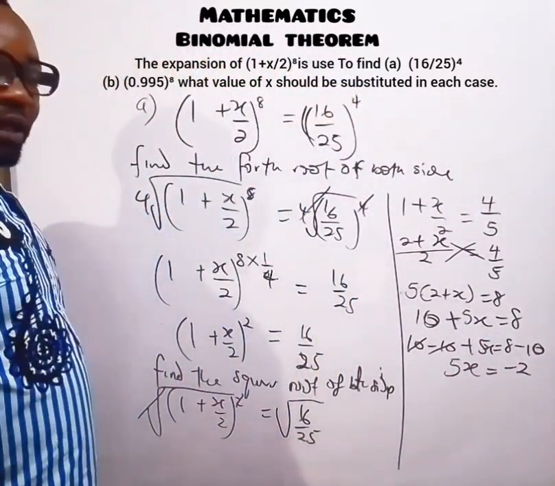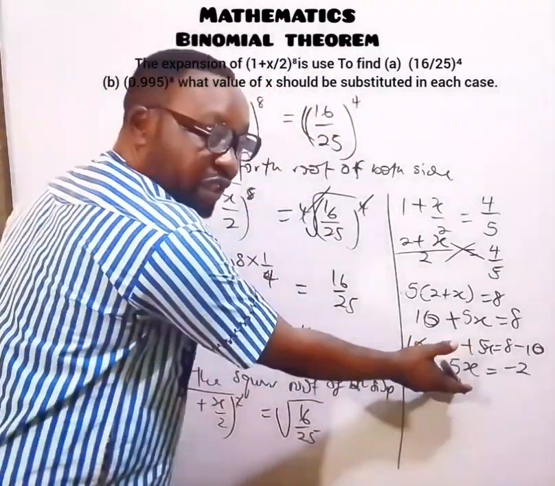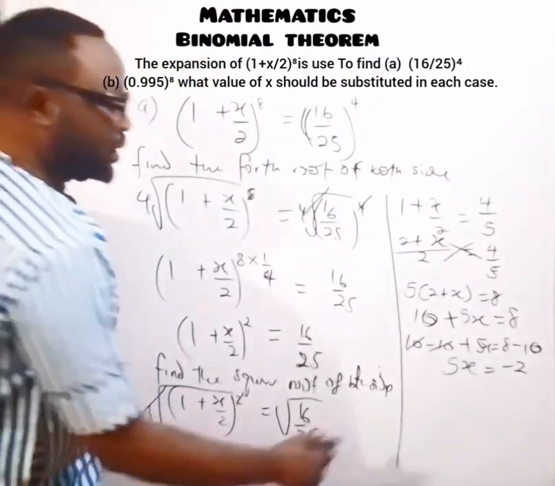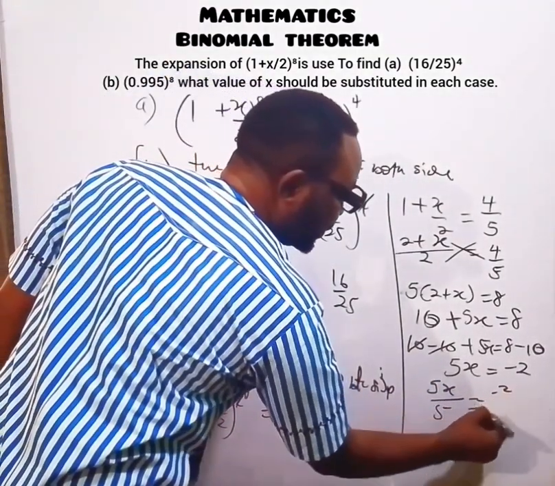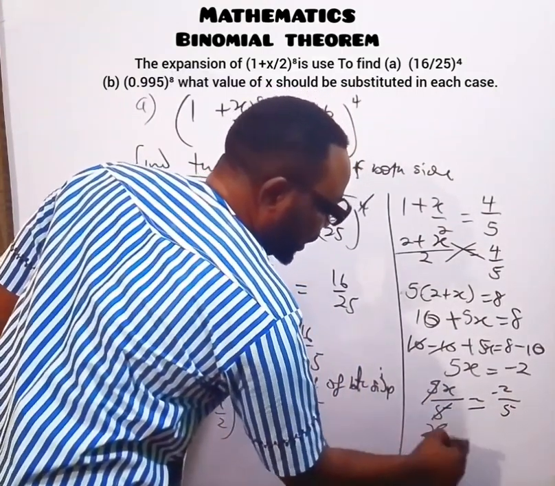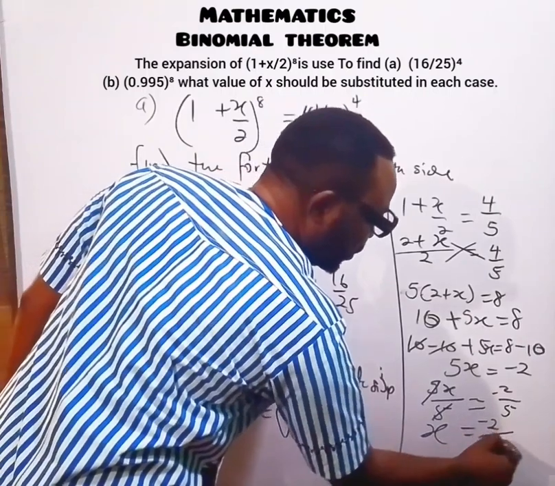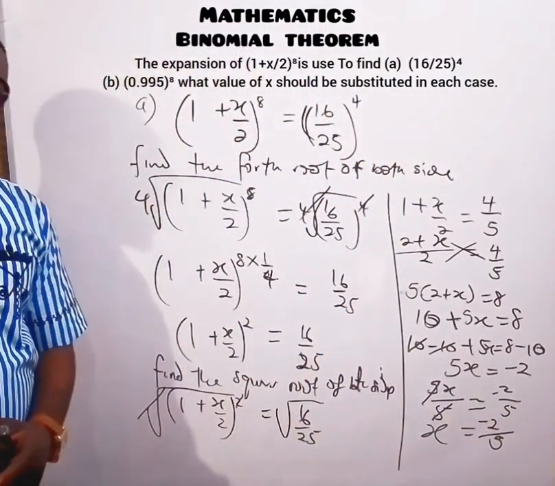At the end of the day, we divide both sides by the coefficient of x, which is 5. So 5x over 5 is equal to minus 2 over 5. The 5s cancel each other, so x is equal to minus 2 over 5. That is the answer to that question.